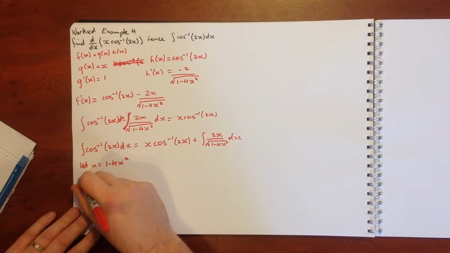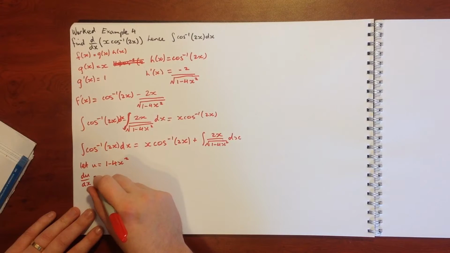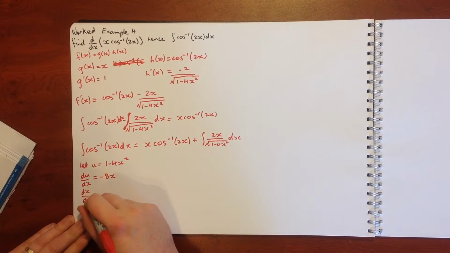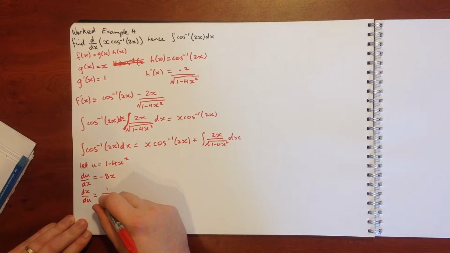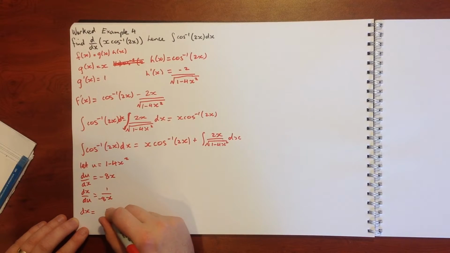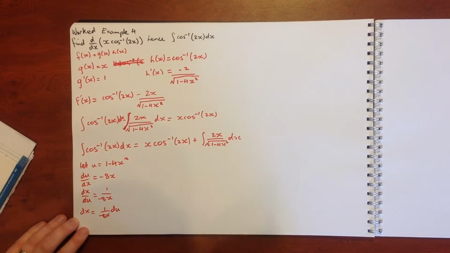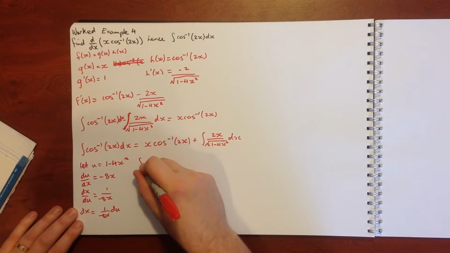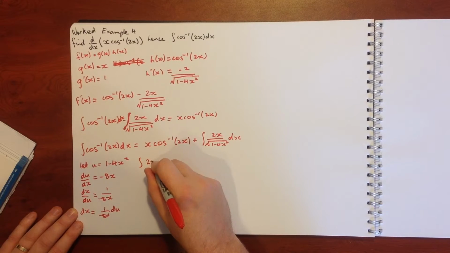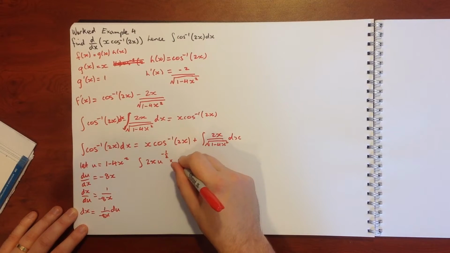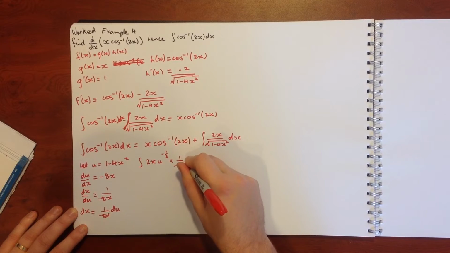So that means our du dx will equal negative 8x, which means dx on du equals 1 on minus 8x, which means our dx equals 1 on negative 8x du, which means then, looking at our integral, we've got the integral of 2x u to the negative a half times by 1 on negative 8x du.